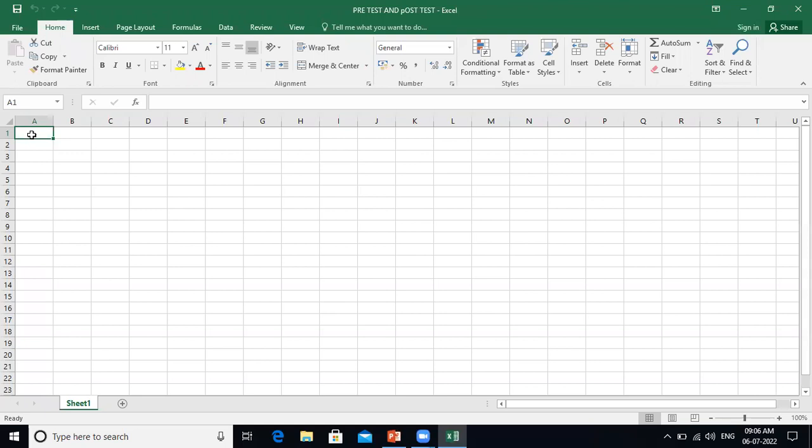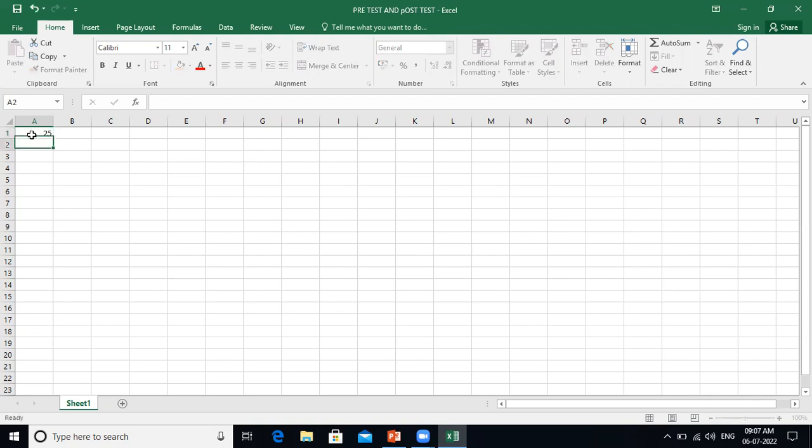We will put marks belonging to the pre-test in column A and the post-test in column B. If our exam is out of 50 marks, then in the pre-test I will take only 10 students. If your data is from 100 or 200 students, whatever, you have to select accordingly.